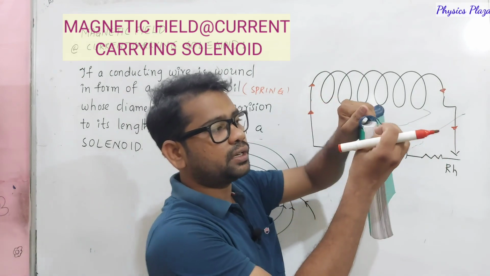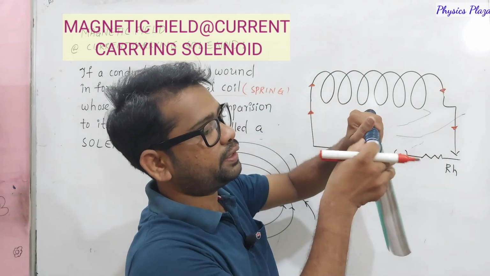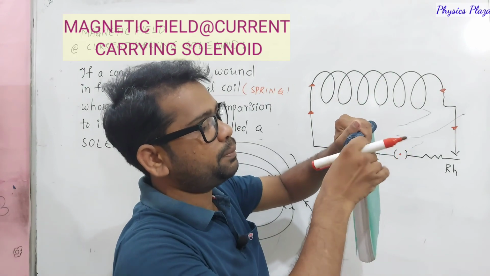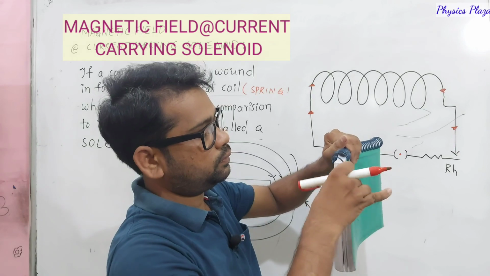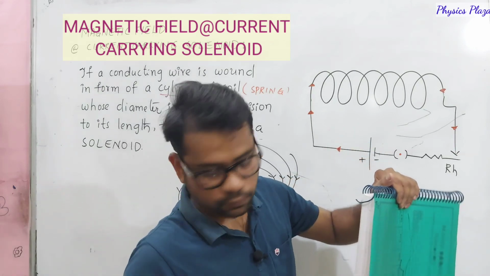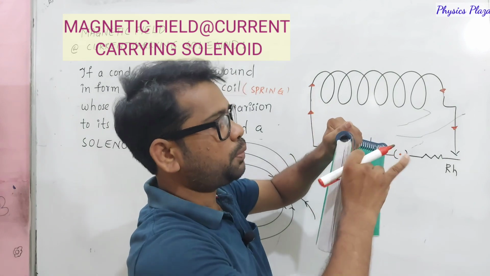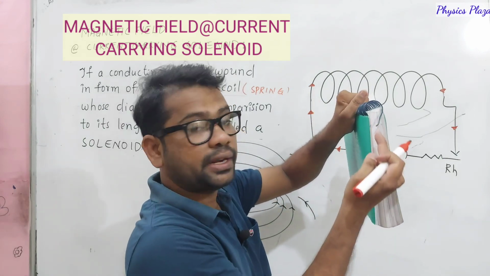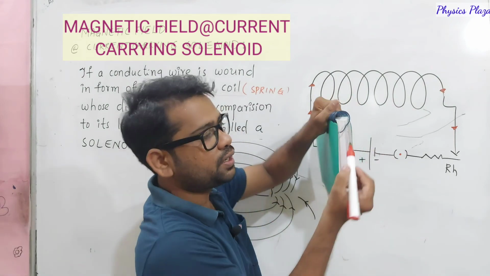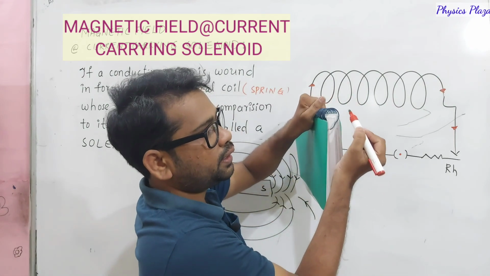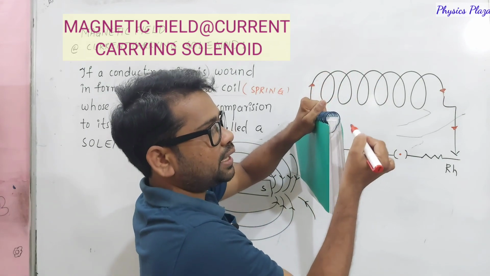Let me take this one. Children, this is the end where it is connected to the positive terminal, so current will be entering. Now you tell me how the current is entering. Current is entering like this.